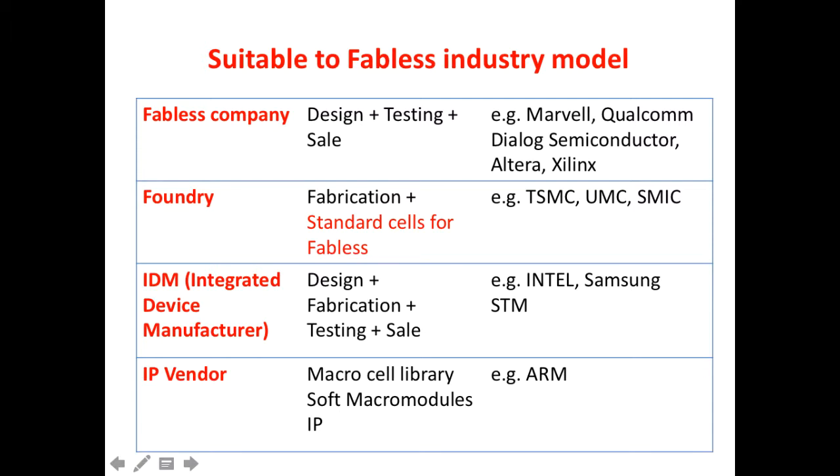ARM, you know, is a microprocessor company. They do not fabricate the integrated circuits. Actually, they do not design the complete chips. They only sell the macro cell module of their microprocessors.